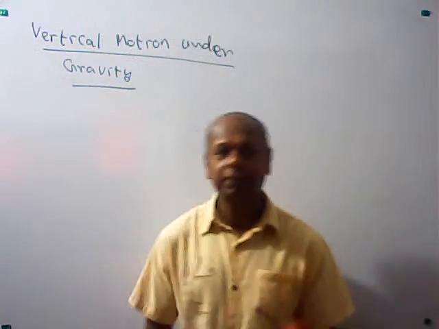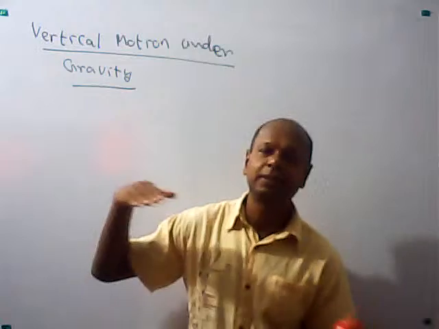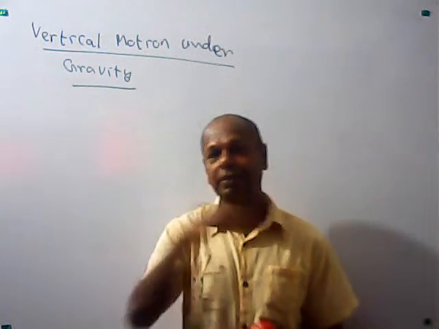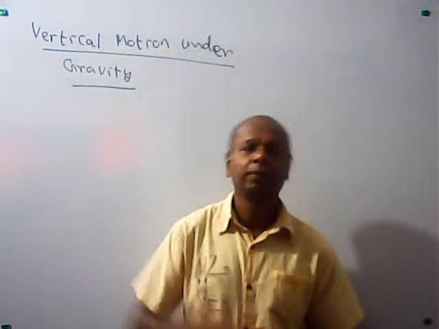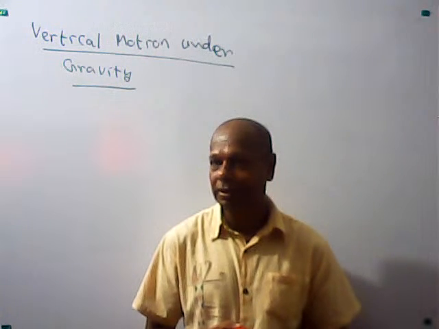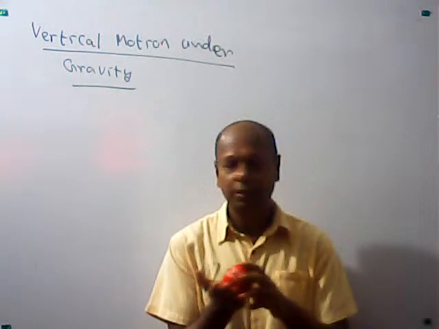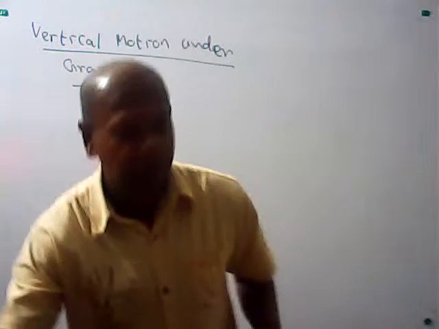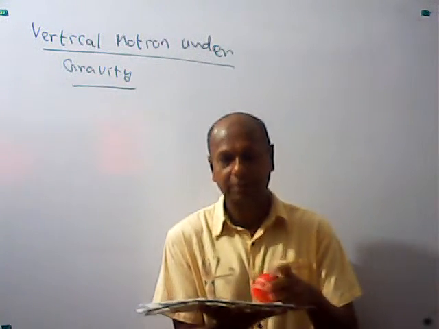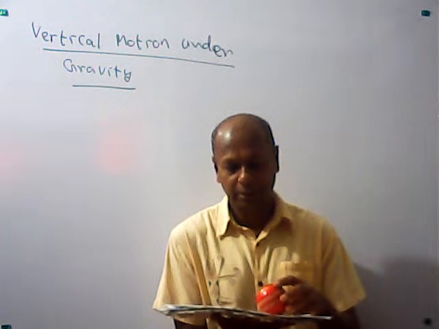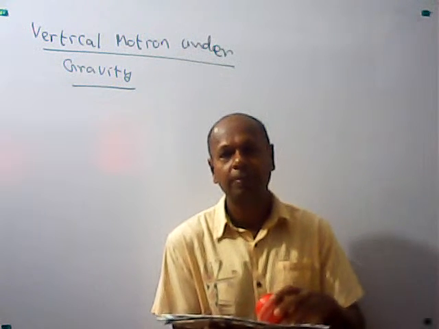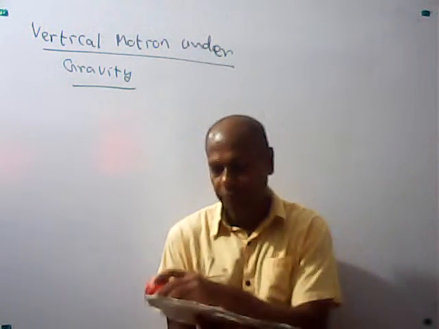Vertical motion under gravity. Earlier, the sums we have taken were about motion of vehicles, a particle mostly on horizontal planes, where some acceleration is given. If something is resting on a horizontal plane and you want to make it move, you will have to give some initial velocity or apply some force.